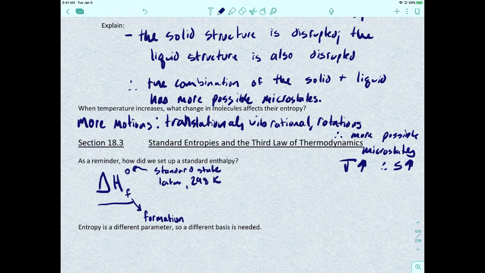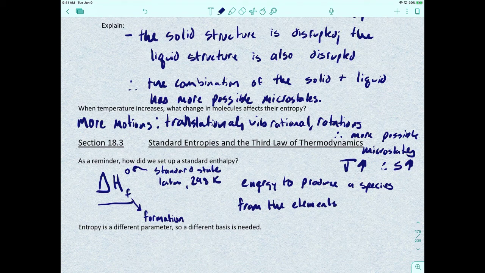So how did we set up these standard enthalpies? Remember that by definition, the enthalpy of formation was the energy to produce a species from the elements in standard state.